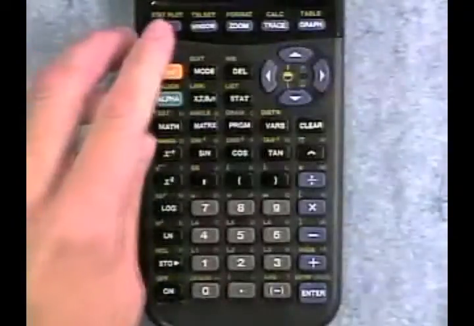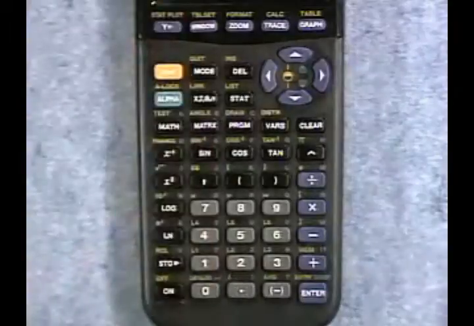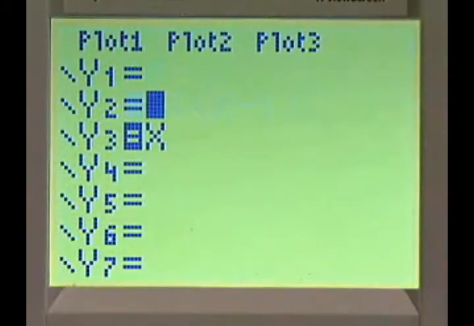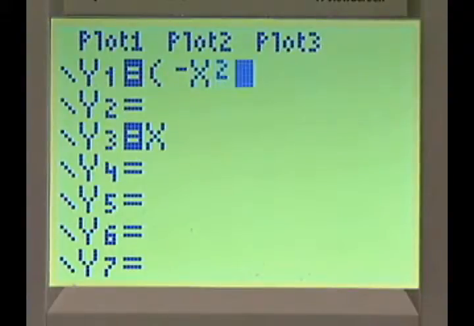So back to our graphing calculator. In y equals, I'm going to clear the first two lines but keep the y equal x so it can divide the quadrants 1 and 3 and show me my reflections. The first function has a restriction, so I'm going to put it in this way. Parentheses negative x squared plus 4, close the parentheses.